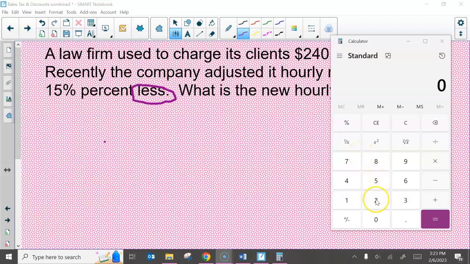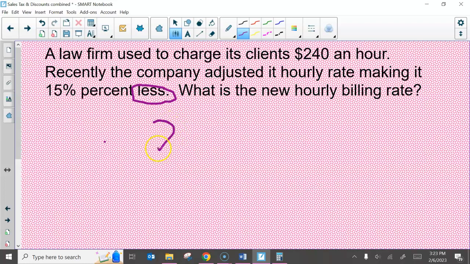Okay, so we're going to multiply our price, which is $240, times 15%. And we'll see that it is going to be $36 less. Now, that's not our final answer again. That's how much less it is. So we need to take $240, and we need to subtract the 36 we just calculated. Right?